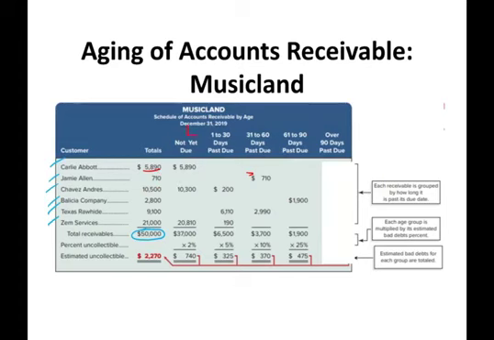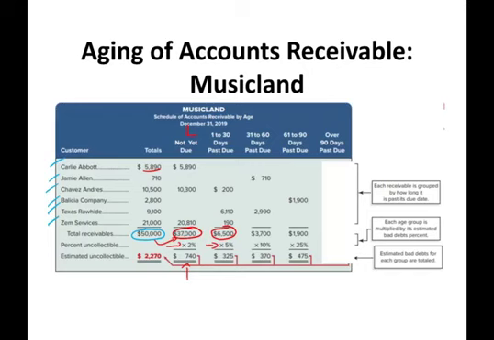For example, of the 50,000, 30,000 of it is not yet due. We multiply this by a percentage, and we're going to choose 2%. How did we choose 2%? We just estimated it's 2%. Now we came up with 740 for this group. For the 1 to 30 days past due, 6,500, we multiply it by 5%.